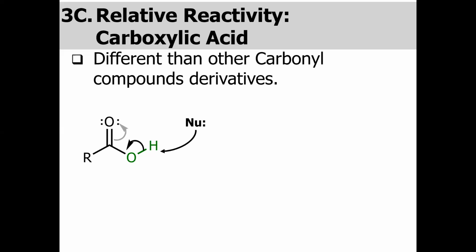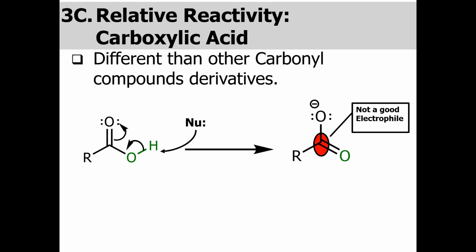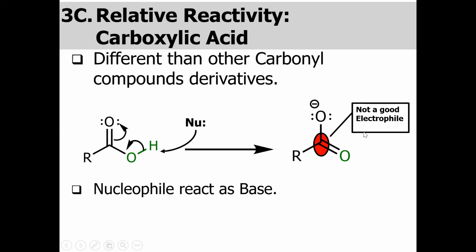What happens in this case? We get this carboxylate anion. In this case, the carbonyl carbon is not a good electrophile, and the nucleophile reacts as a base, not reacting at the carbonyl center. This is basically why we can separate carboxylic acid from the other carbonyl compounds.